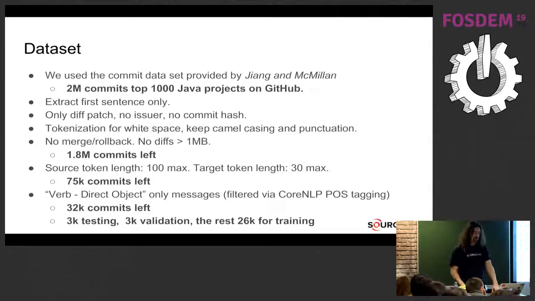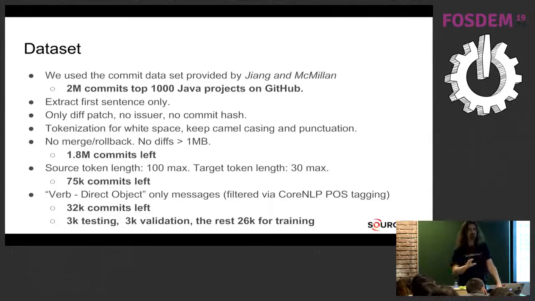And then we applied another filter, which was described in that experiment of 3 years ago by Jiang and Macmillan, which was to try keeping only the verb direct object messages. So if I take a bad commit message like blobs of code and then fix, and there's lots of them, I cannot feed it as a training sample because it will make my model produce garbage.